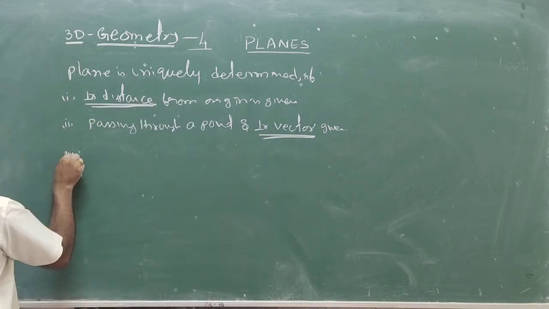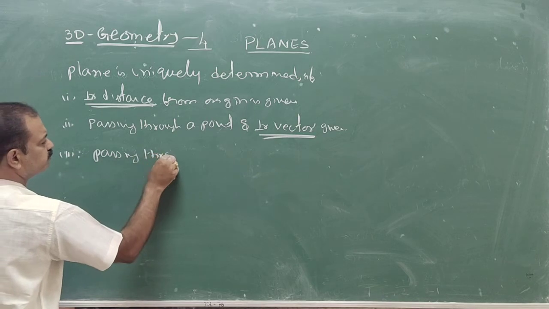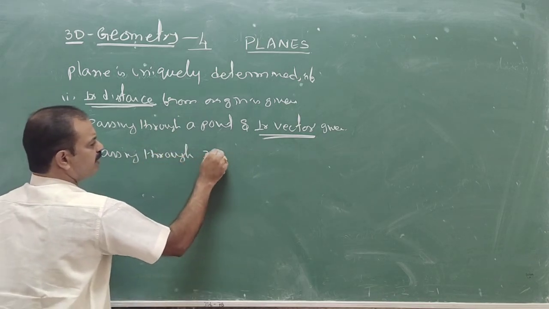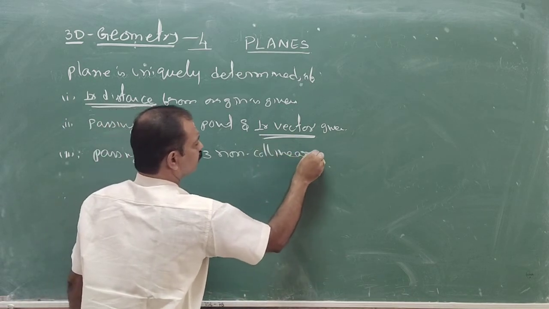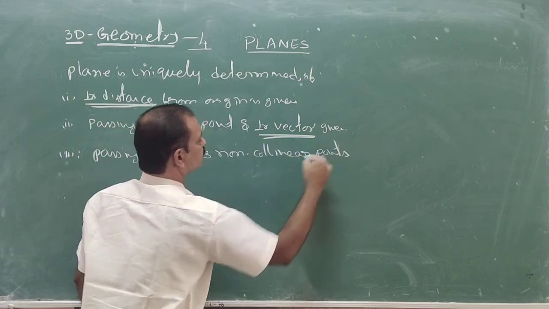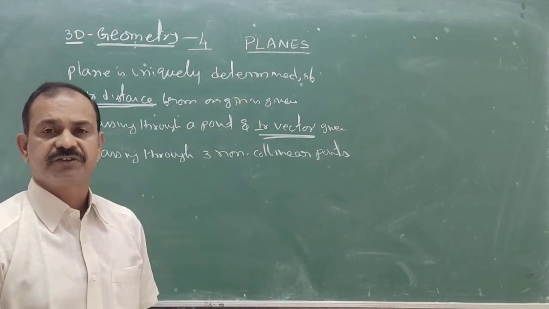The third one is passing through 3 non-collinear points. So in these 3 cases we find the equation of a plane.